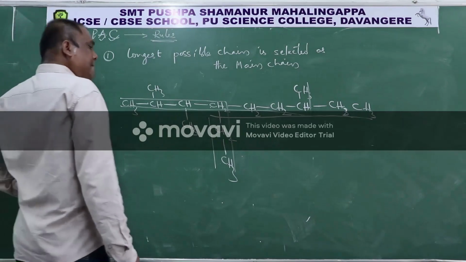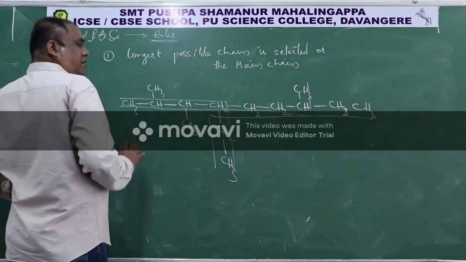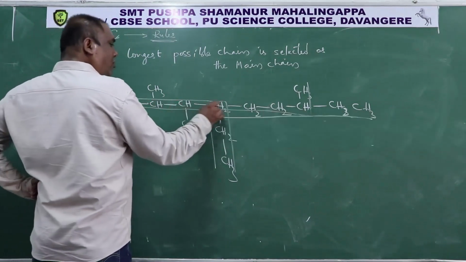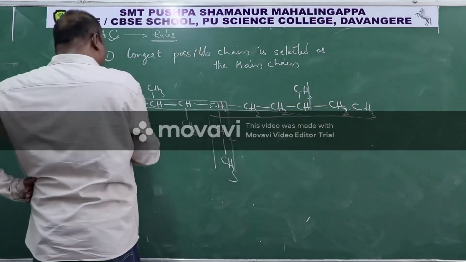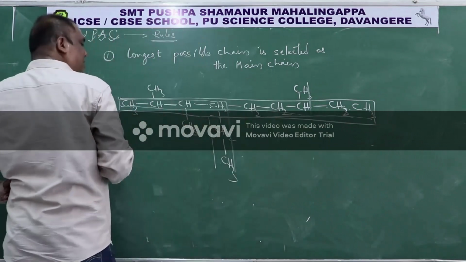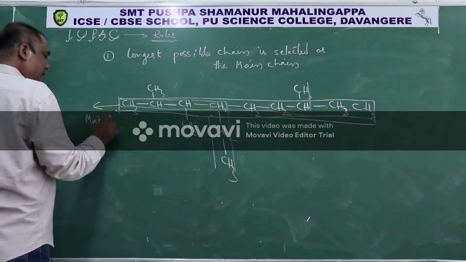But after observing everything, what I came to know is 1, 2, 3, 4, 5, 6, 7, 8, 9. So this chain has 9 carbon atoms. Therefore, this is the main chain.